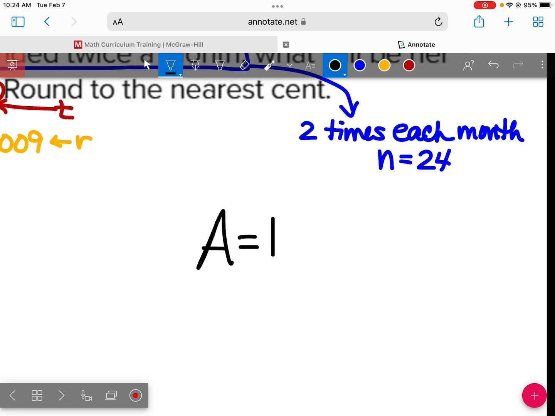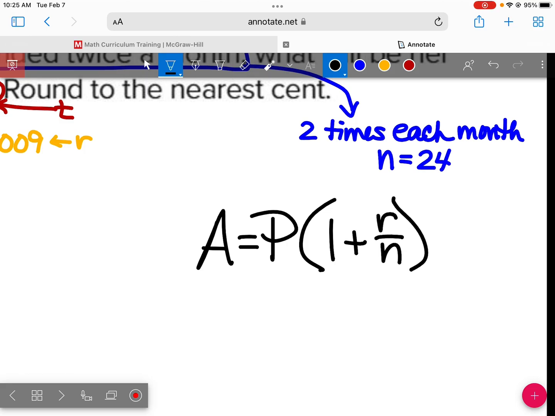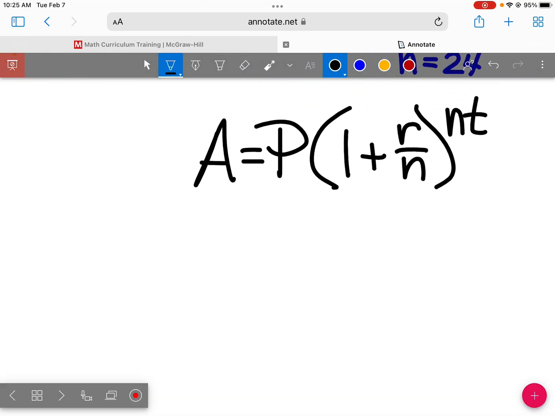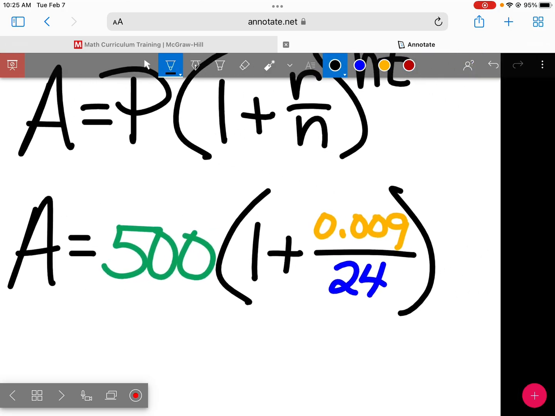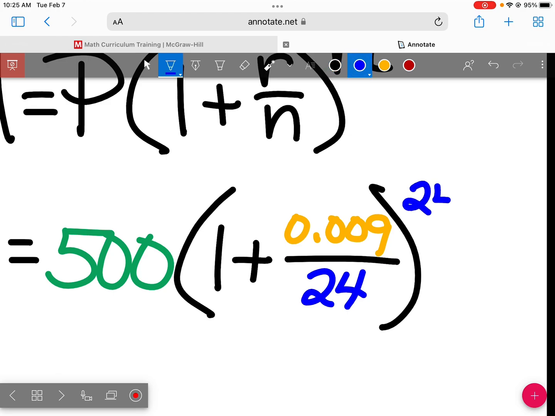All right, so A equals P times 1 plus R over N to the power of NT. From what you guys told me, this is going to be 500 times 1 plus 0.009 in my numerator, 24 in my denominator, and then I'm going to have 24 for N times 25 for the years.